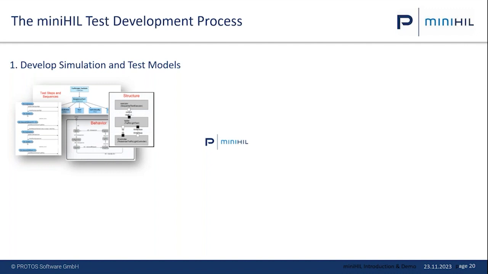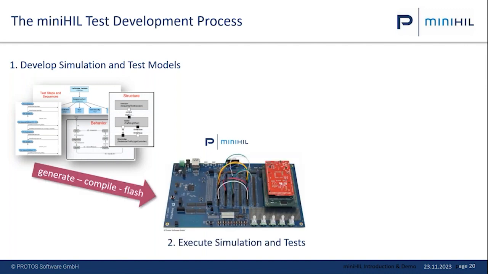So from those models, we generate C code, we compile it, and we flash it directly to our test system. That's this chip here. And we run it directly on this microcontroller here. So now the microcontroller runs the simulation and the test cases and communicates directly with the system under test. In this case, an Oryx automotive system.